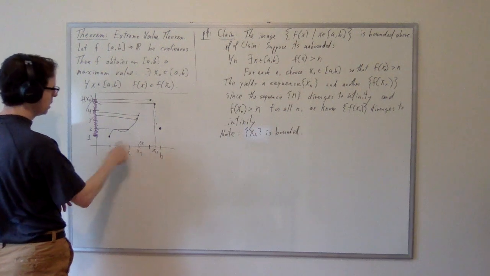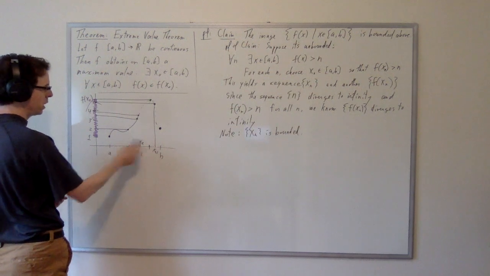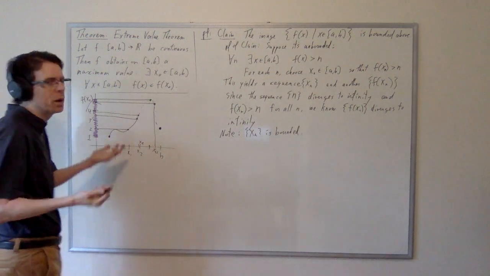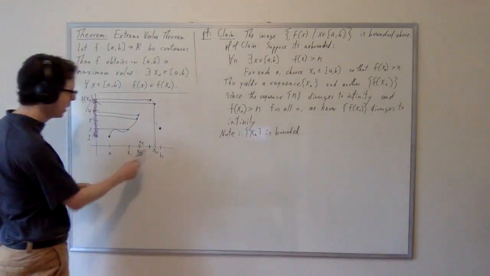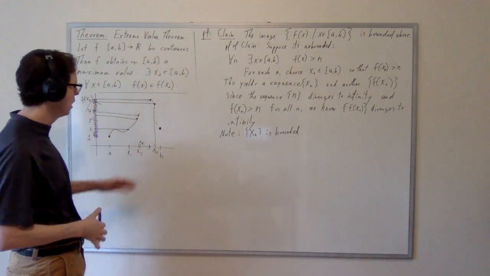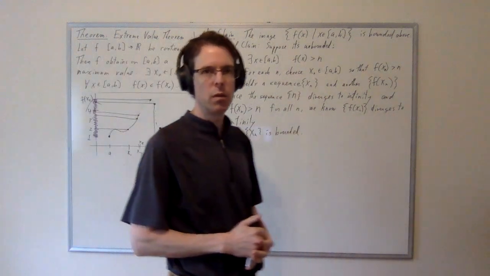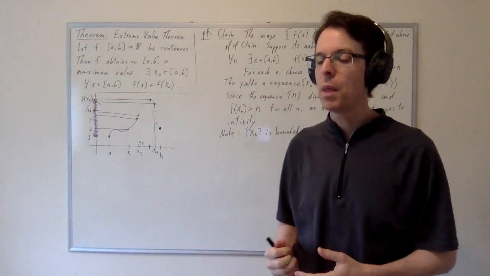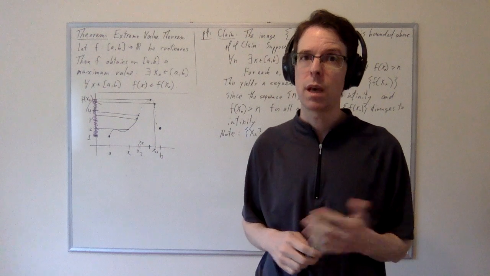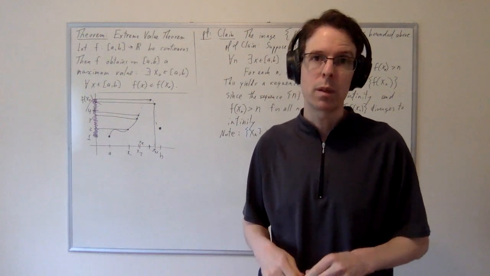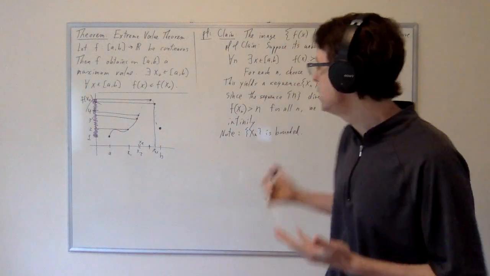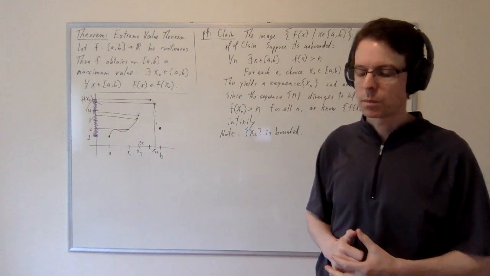Maybe x1 is here, x2 is here, x3 is here, x4, x5, x6, x7, x8. I don't know. It could just cover lots and lots of values here. We don't have a reason to believe that that sequence converges to anything. And that's really bad news, because that means that we can't talk about the limit of that sequence. But it is at least bounded.